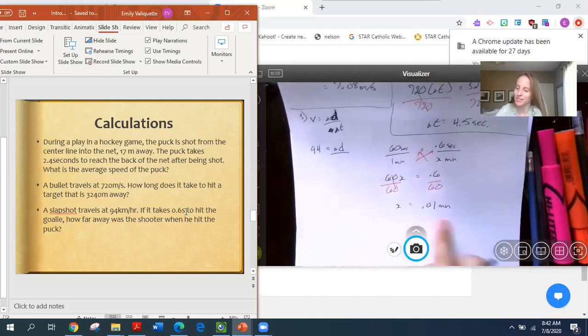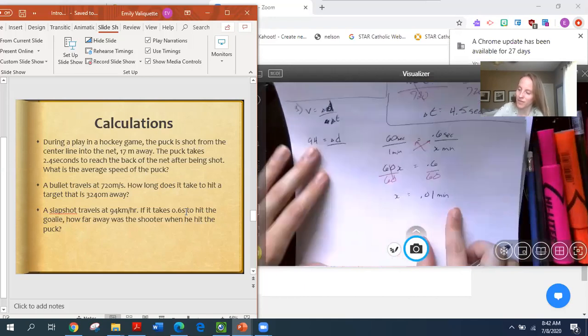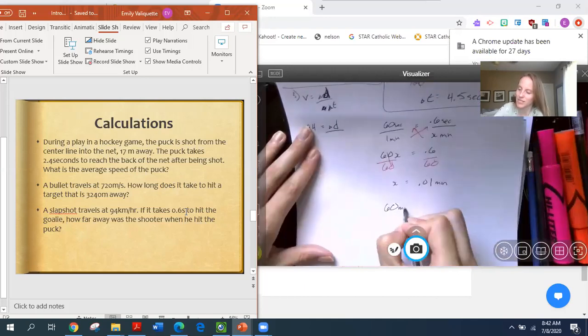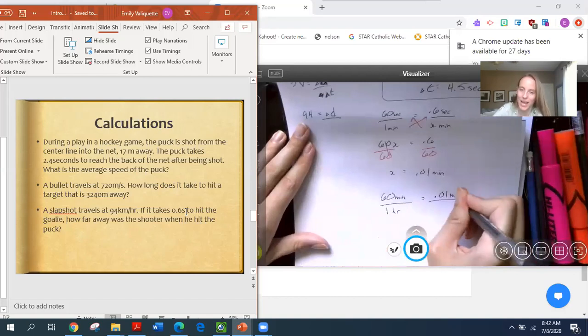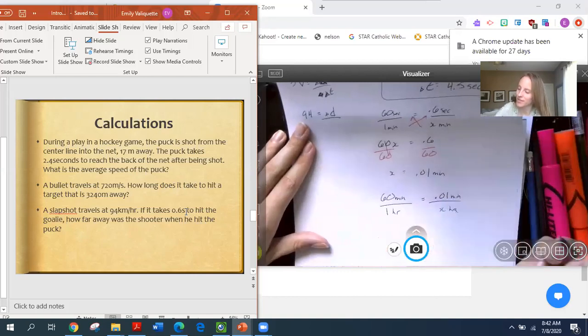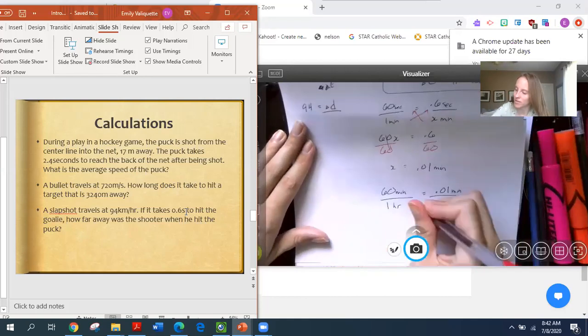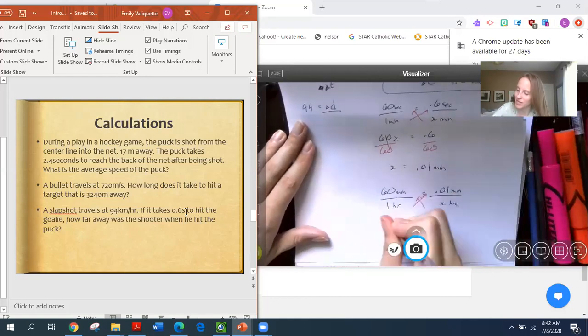Now that I have minutes, I'm going to say, okay, I know that there are 60 minutes per 1 hour. So 0.01 minutes is how many hours? And once again, cross multiply, which gives me 60x equals 0.01.